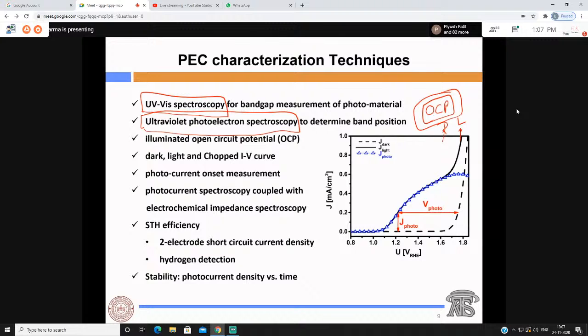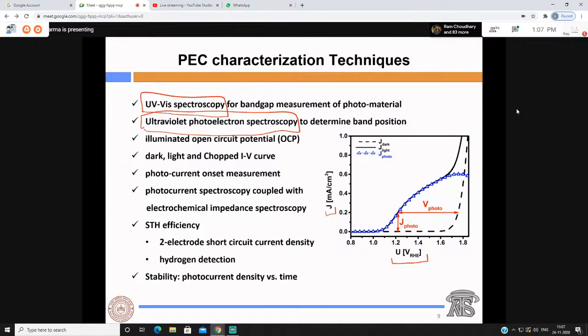Now we do some quantitative measurement. For that, we do the cyclic voltammetry. Here you see that the y-axis of this curve is J, the current density, and the x-axis is the potential we apply with respect to a reversible hydrogen electrode. Here we are seeing the forward scan only.